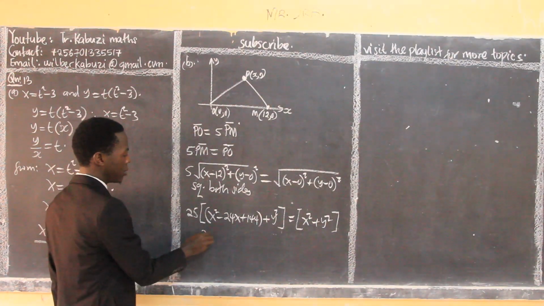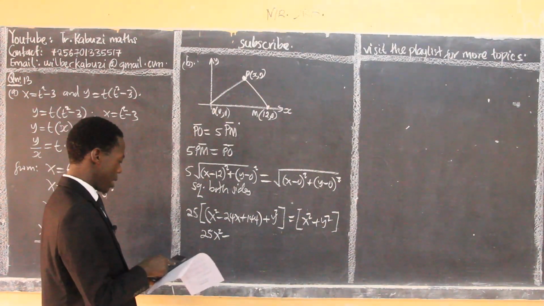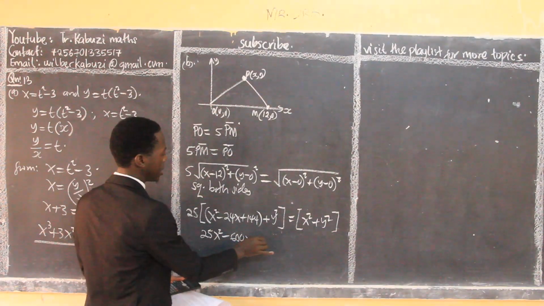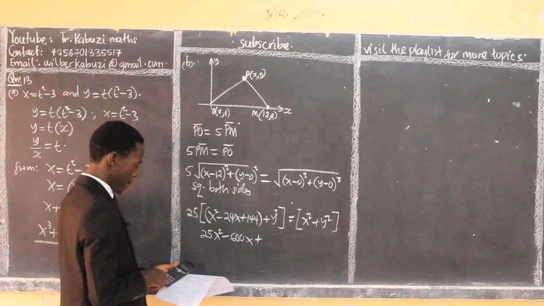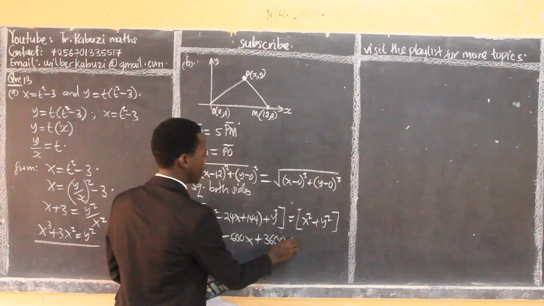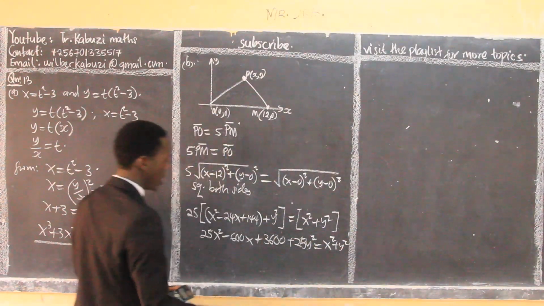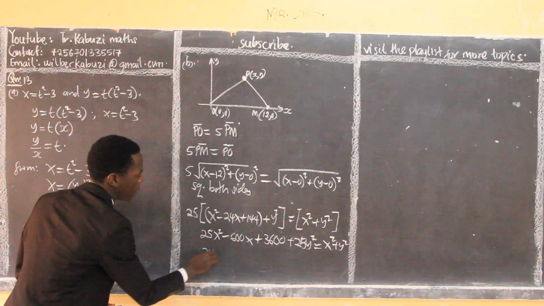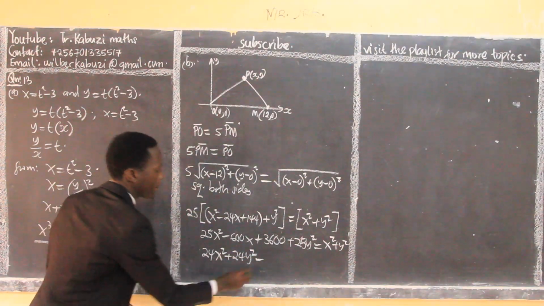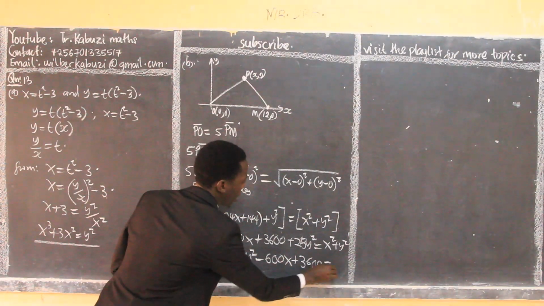So we are going to have 25x squared minus 600x plus 3600 plus 25y squared equals x squared plus y squared, which you can simplify by bringing everything this side to get 24x squared plus 24y squared minus 600x plus 3600 equals 0.